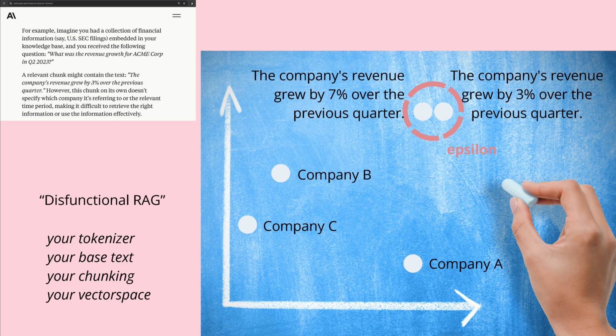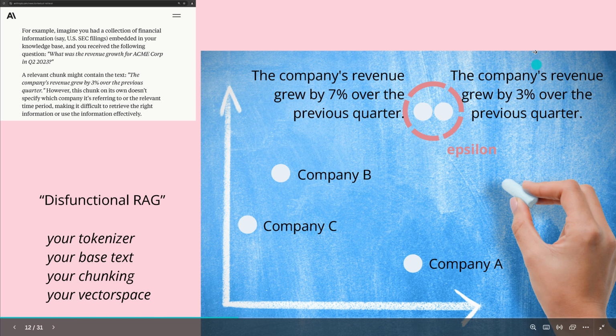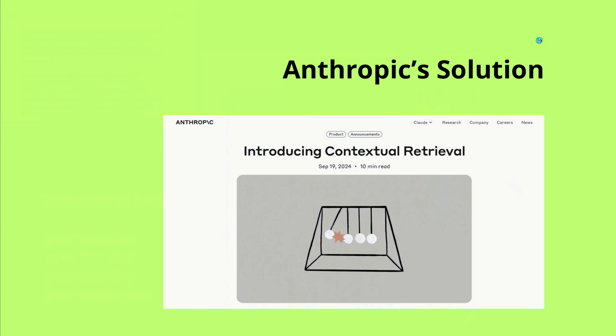Those are all things that are not trivial, and yes, you can buy commercial vector spaces. But maybe your task was not learned in this vector space. So you see, there are so many open questions, but I told you today it's about the solution only. I was asked by my subscriber to explain Anthropic's solution.